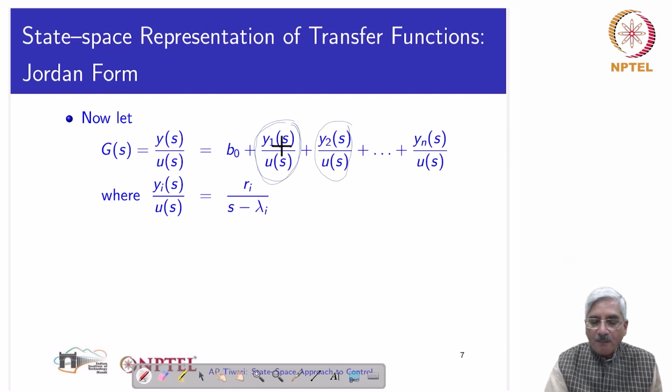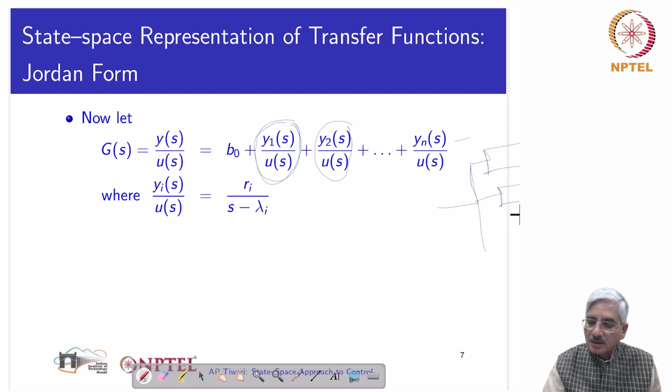So they are parallel subsystems giving outputs y1, y2, etc. up to yn, and all have the same input, something like this. This is one, this is the other, and so on. This is the last one. This output is y1, this output is y2, and so on. This output is yn. All receive the same input U(s).